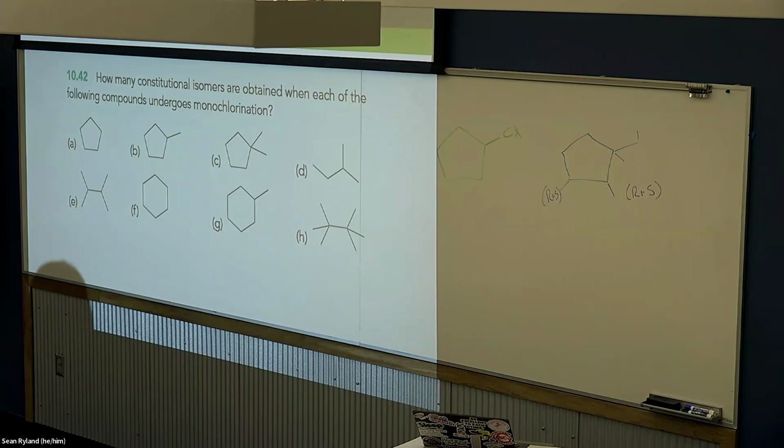So this one isn't going to be symmetrical compared to not making it symmetrical. So I get a total of 6, including stereoisomers. They're separate molecules.